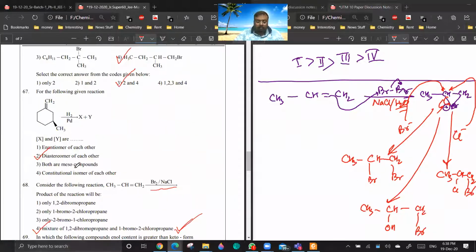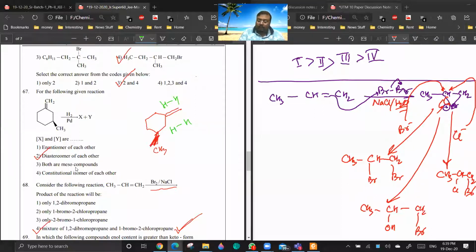Then 67. 67 is something I have discussed in the class notes as well as in the class. See, I'm drawing it slightly differently. Hydrogen can attack from up, or hydrogen can attack from down.